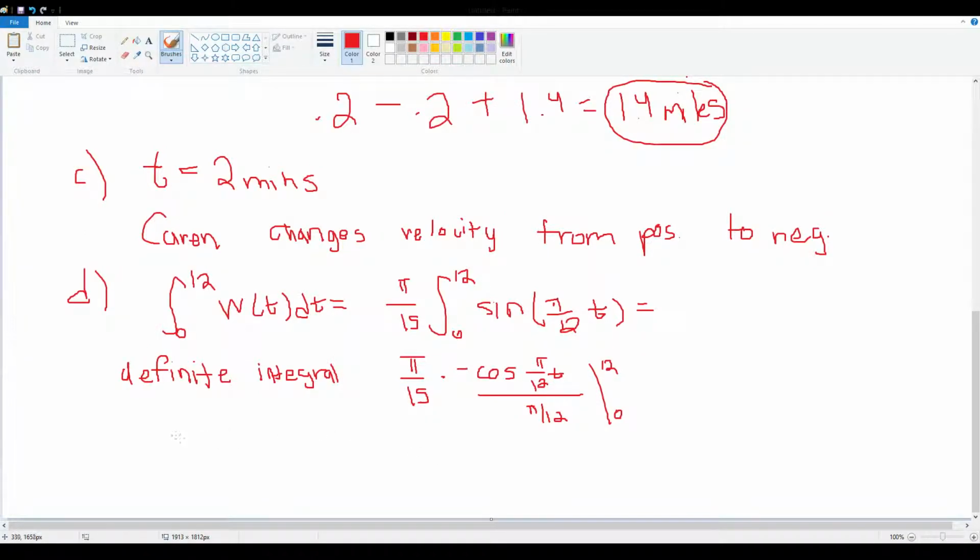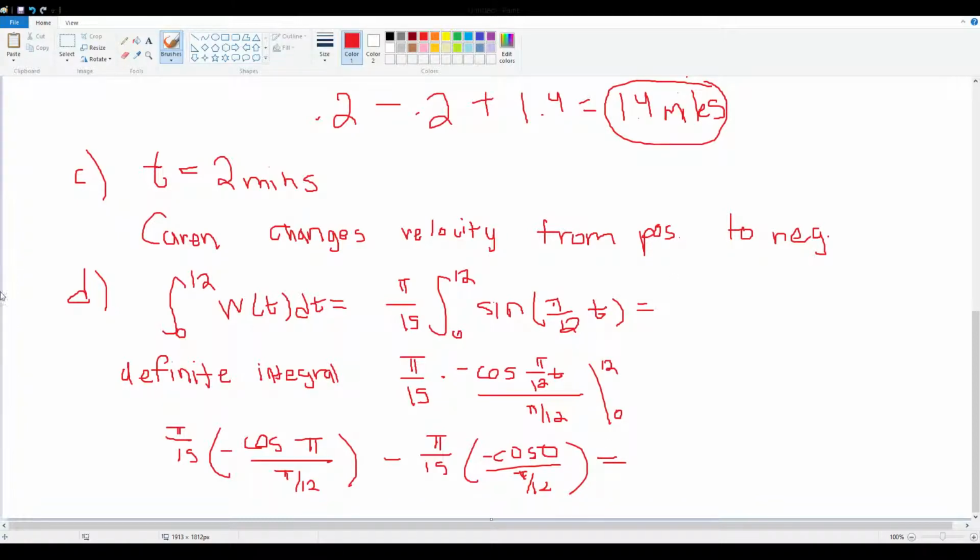So you plug in 12: pi over 15 multiplied by negative cosine of pi, divided by pi over 12. And then you're going to subtract pi over 15 times negative cosine of 0, over pi over 12.